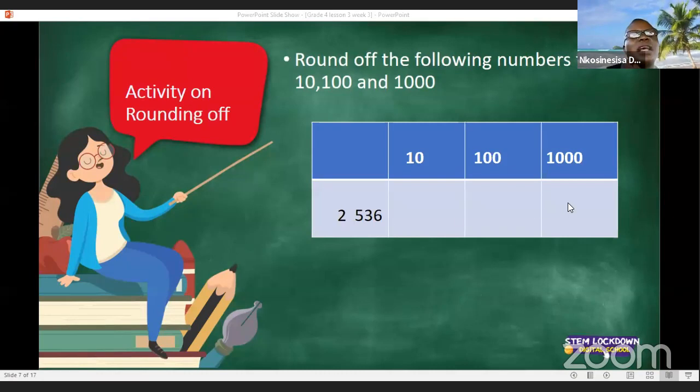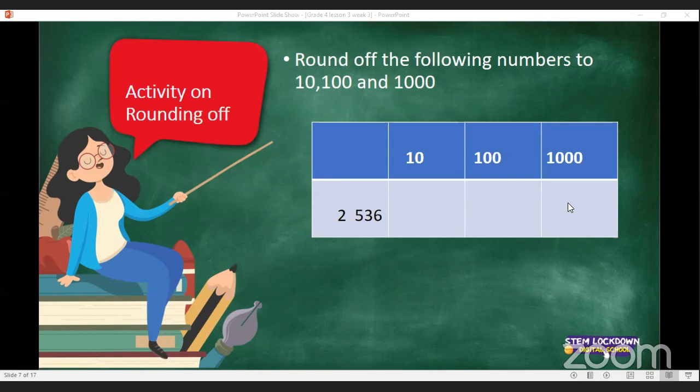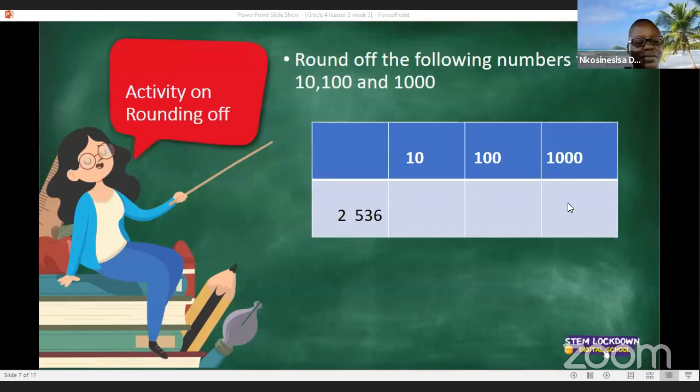Okay, let's have someone answer for us. Before you give us the answer, grade 4s, say how we got the answer. I saw there were hands raised. Who is unmuted? Nokwandu. Yes, Nokwandu?